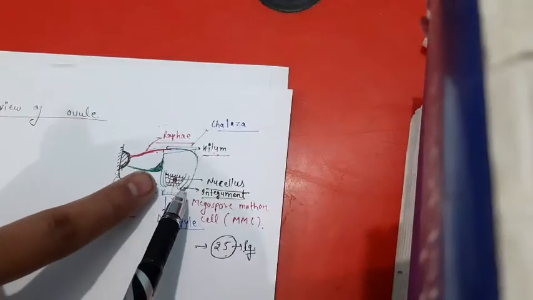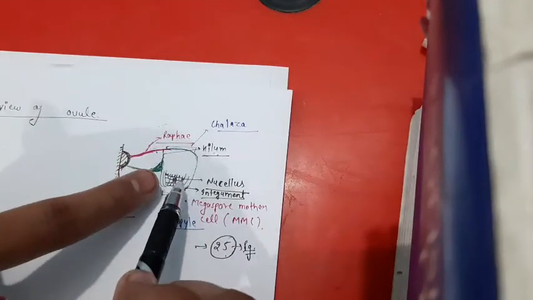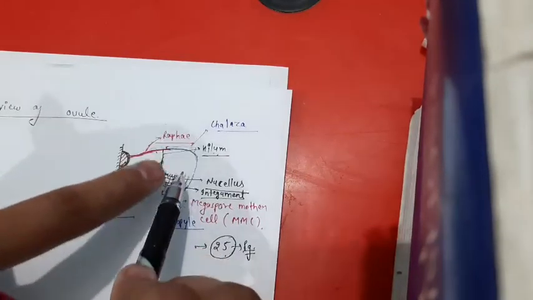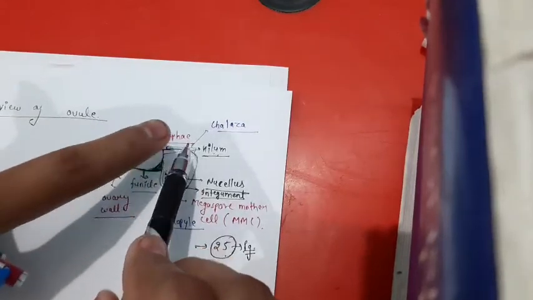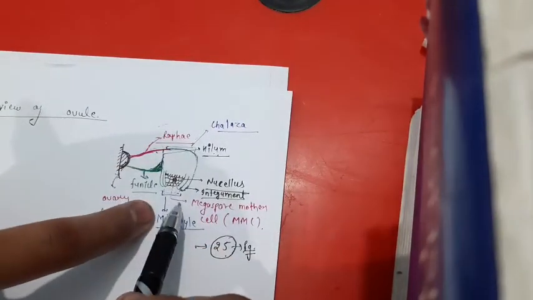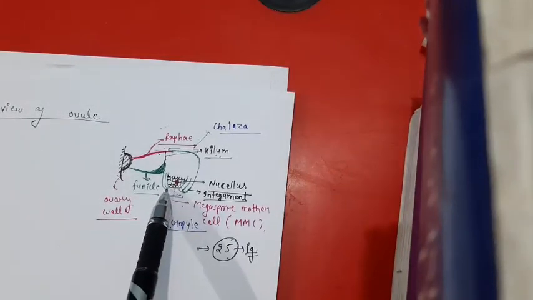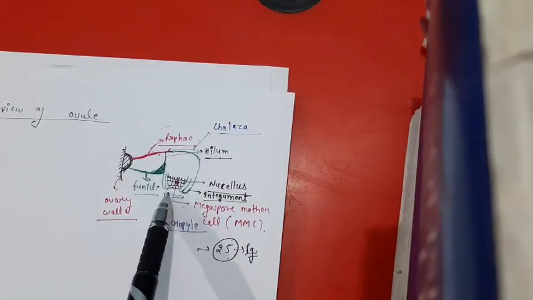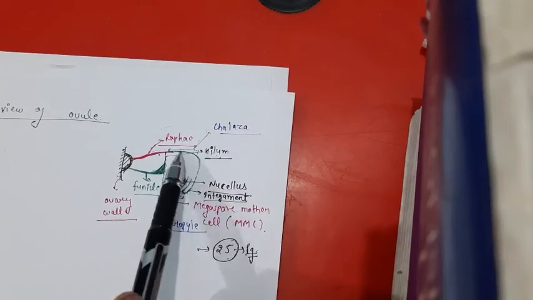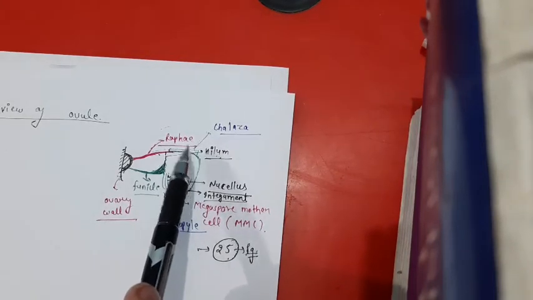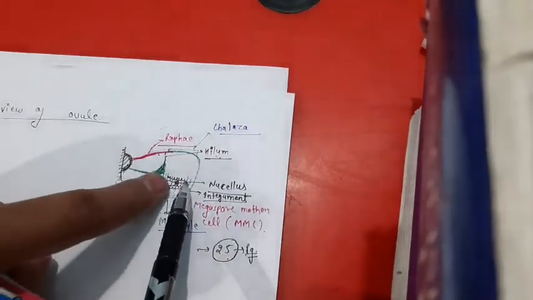In the NCERT book the reverse is given, means this micropyle is present on the upper side and this chalaza is present on the lower side, so don't be confused. Okay, you can understand this part. This part is called micropyle and this part is called chalaza. If it is reversed, means this part is above.